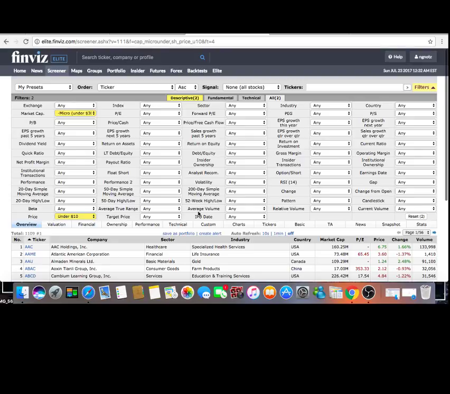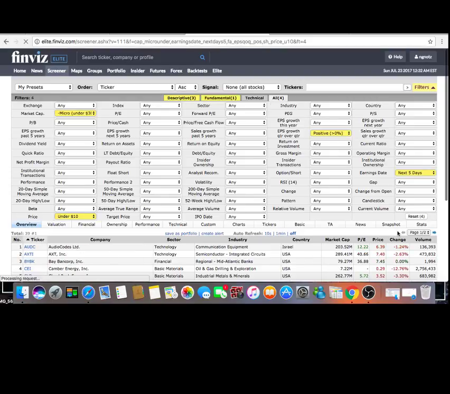Okay, if I want to do earning plays, I'm going to do this. Let's say if I'm looking for earnings plays. No, I want to take off this. I'm going to put it under 50 and take this off just in case you want to do big earnings for options.